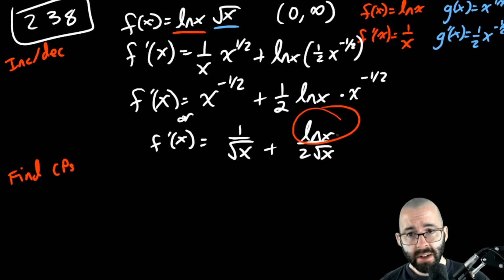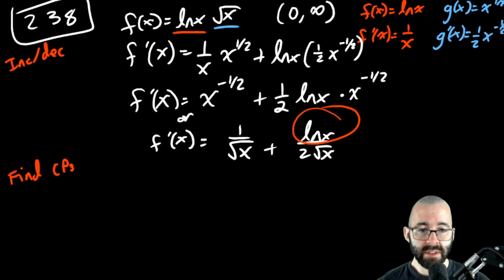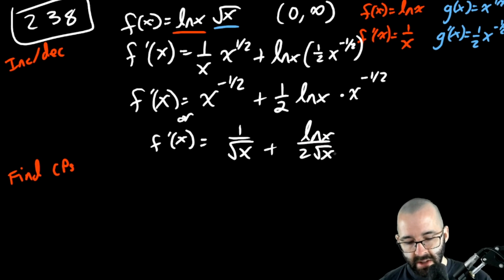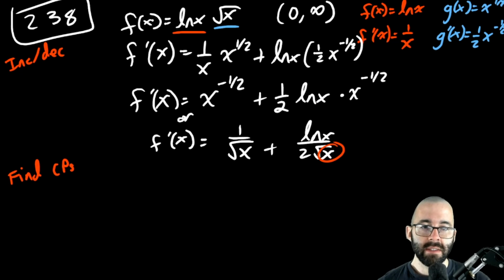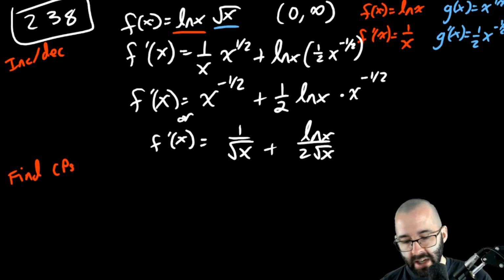Natural log is undefined for 0 or negative values. Square root of x is undefined for negative values. And when x is 0, we're dividing by 0. Luckily, none of those are in the domain. So this derivative is actually defined for all points in the domain. So we only have to look out for when the derivative equals 0.